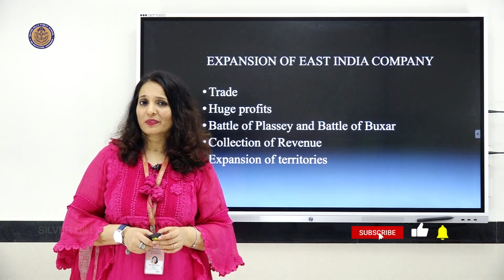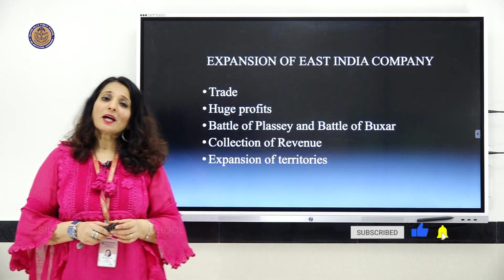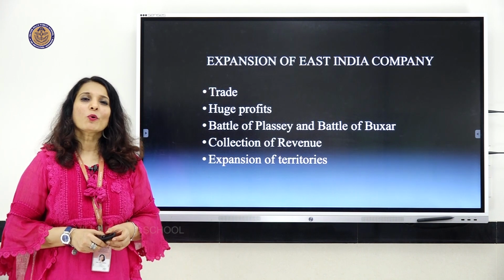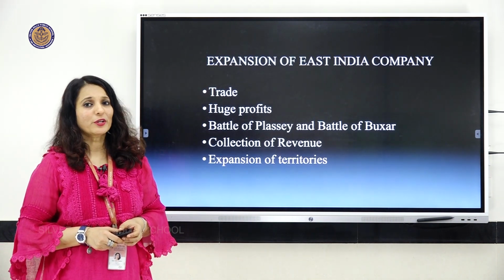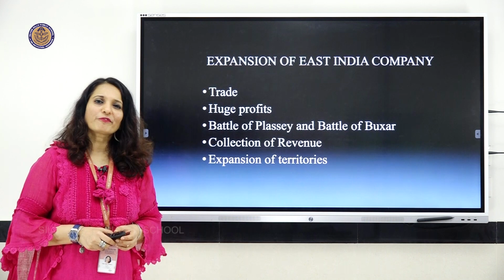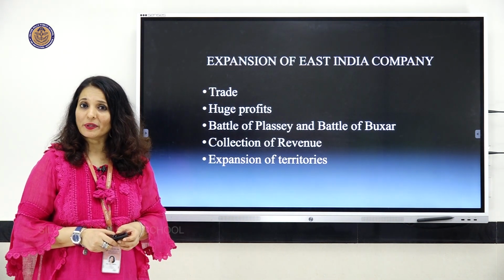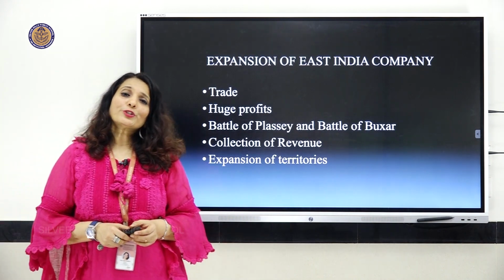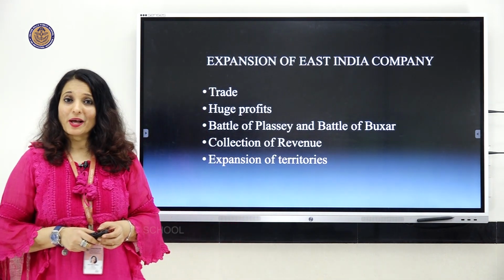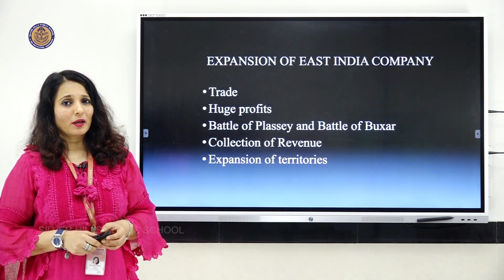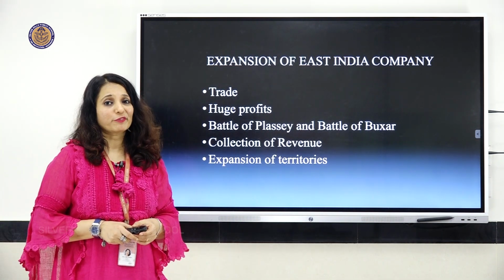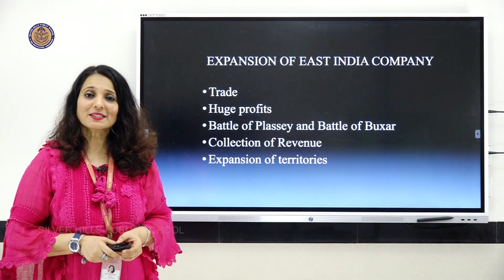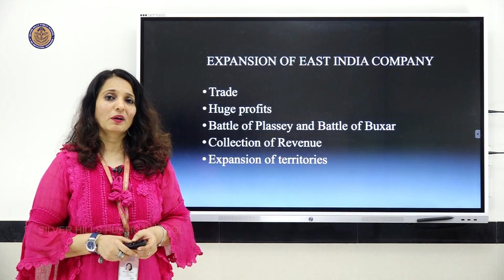What did the British do? The English started buying things from India at a very cheap rate and sold goods to other countries. So, they made a huge profit. Apart from all this, the East India Company, under the British, waged wars, the Battle of Plassey, the Battle of Buxar, where the Emperor Alamshir II was defeated and the Emperor gave them permission to collect taxes and collect provinces in Bengal.